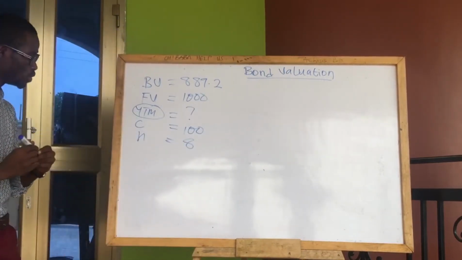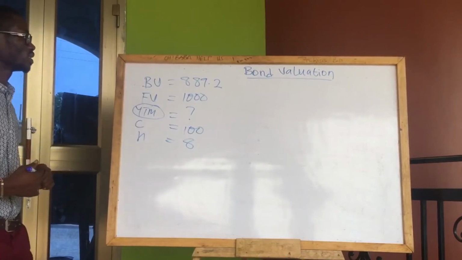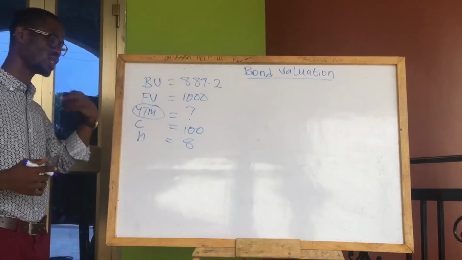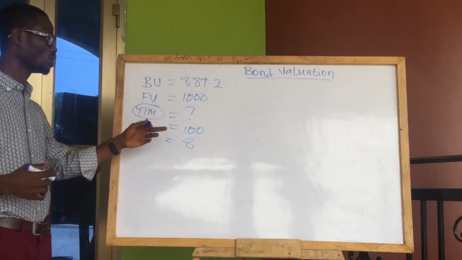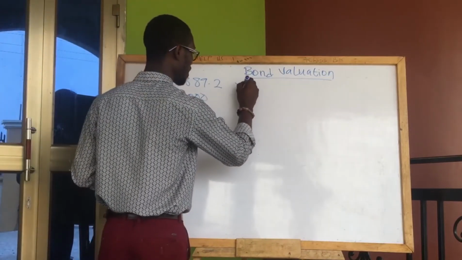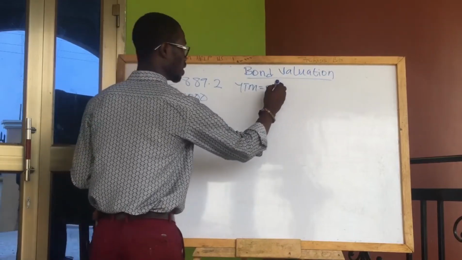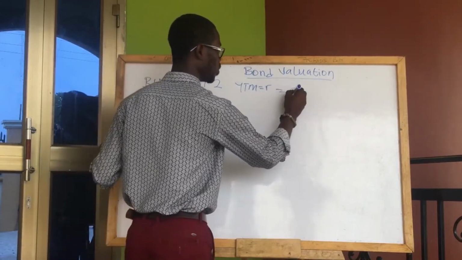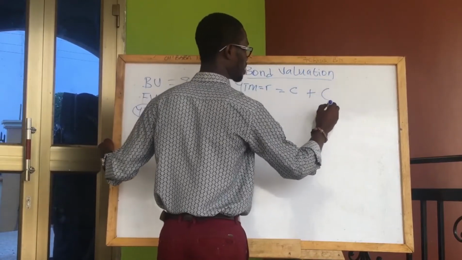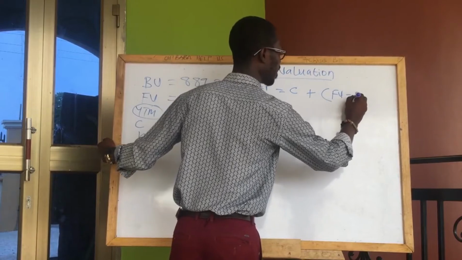How are you going to compute the yield to maturity or the interest rate? This is the formula to go about it. And when you use it, this is the same question that we used to compute, so you will see that you get that same interest rate. Now, yield to maturity, YTM, or interest rate is equal to the coupon payment plus, in brackets, face value minus the bond value.